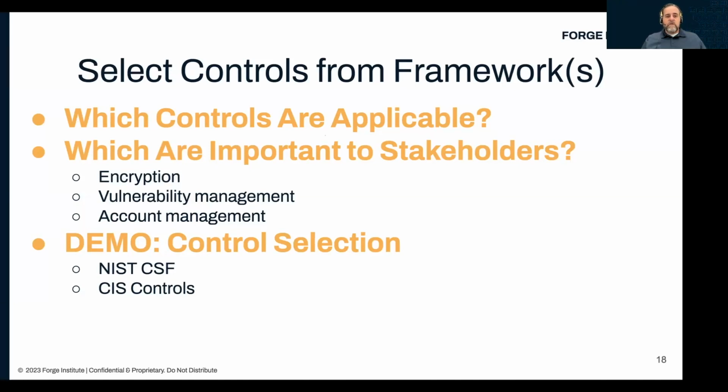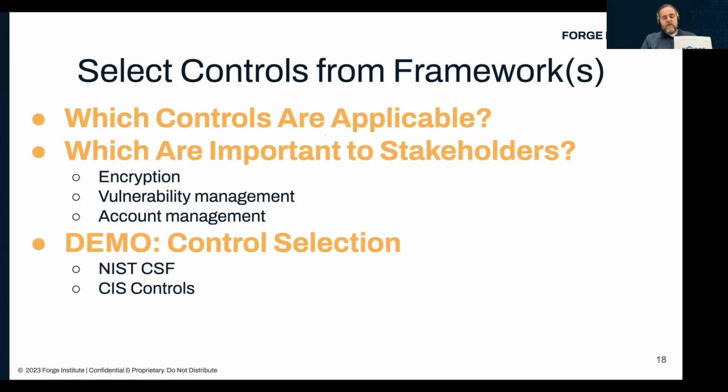So you want to look through these controls and pick the ones that are most applicable to you to implement in a prioritized way, whether you look at the cybersecurity framework and pick from there, or whether you take the implementation group recommendations from the Center for Internet Security critical security controls, then you can look through those and say, hey, these fit my organization or these don't.